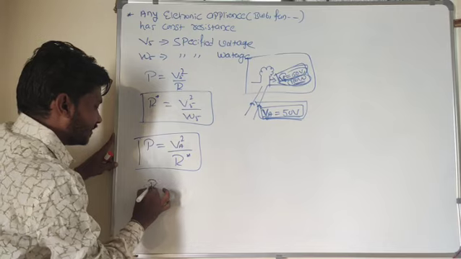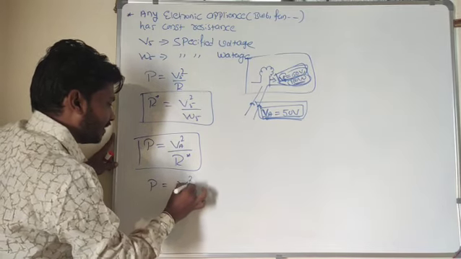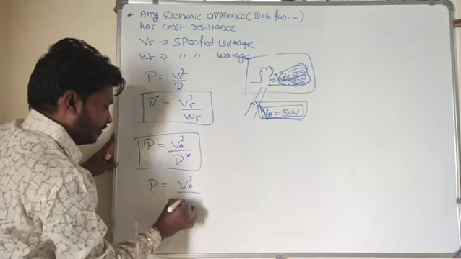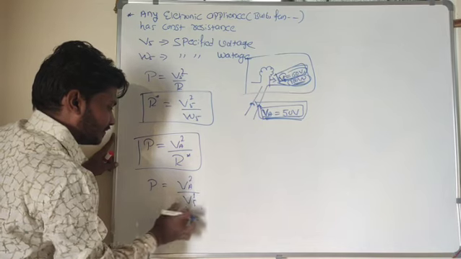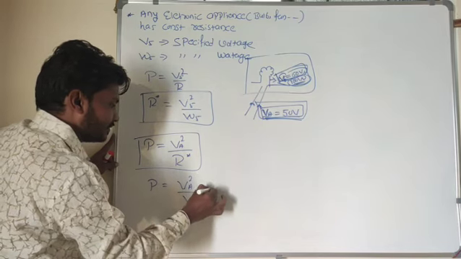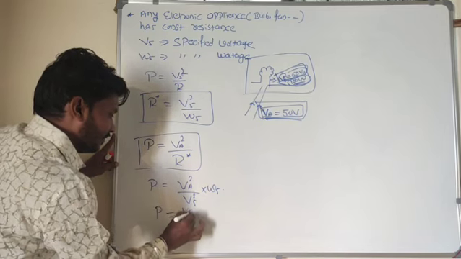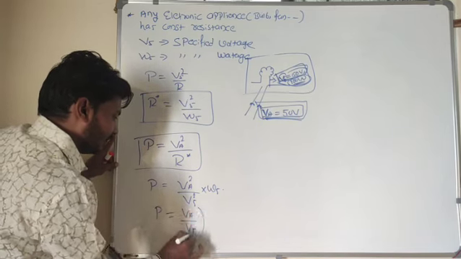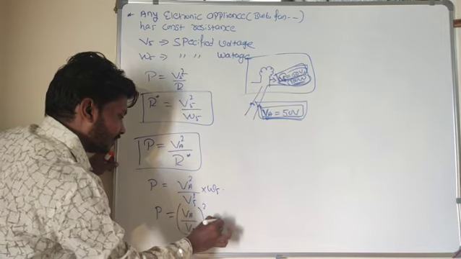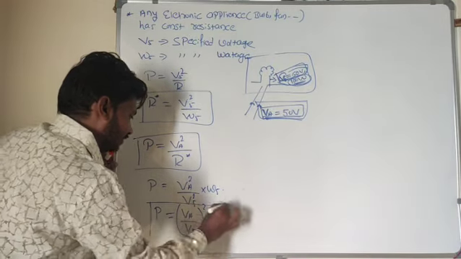I can use the equation P is equal to V square of A divided by V square of S, into the specified wattage W of S, or simply V of A by V of S whole square into the specified wattage.